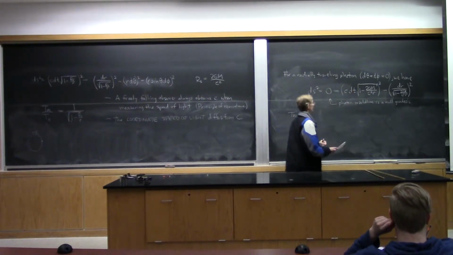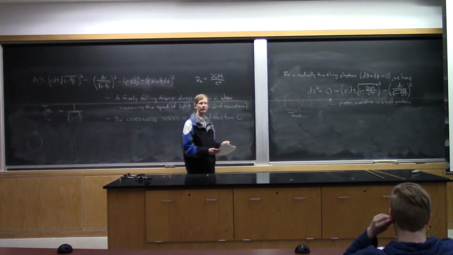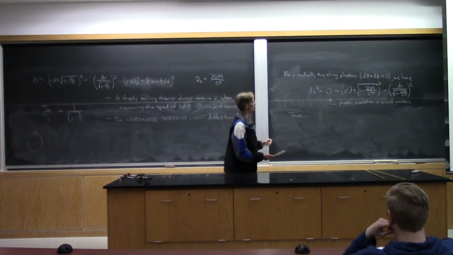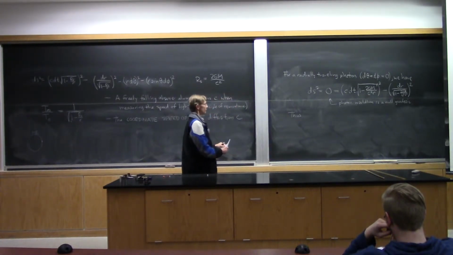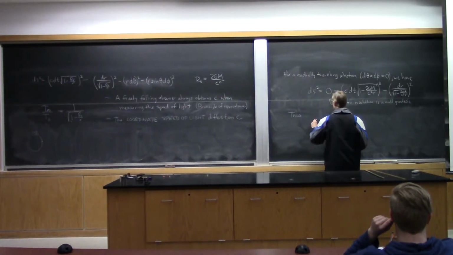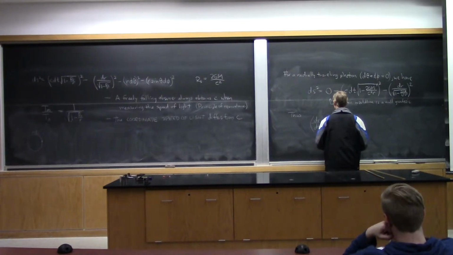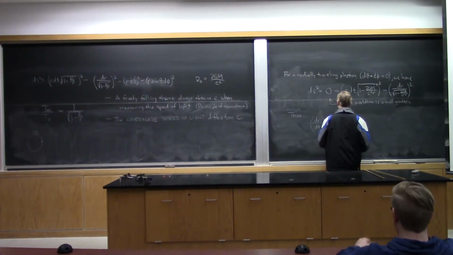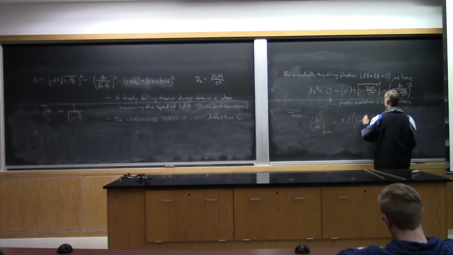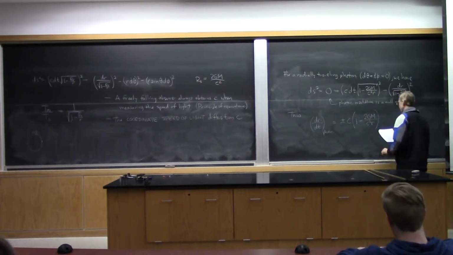So now we can just solve for dr divided by dt. Because that's equal to 0, you pull the dr term over to the other side, and then just divide by dt. So dr/dt for our photon will be equal to plus or minus c times 1 minus 2GM over c squared r.